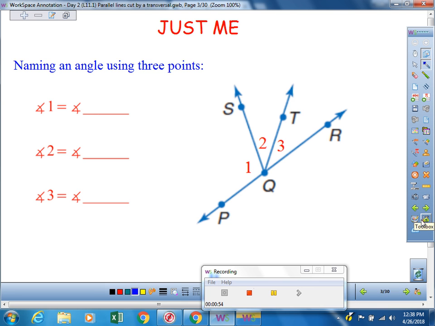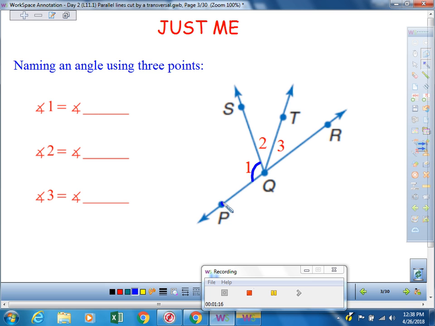Okay, so real quick, I'm going to show you how to name an angle. So if I look at angle 1, here's angle 1 right here. And then if I want to name it, I just take the 3 letters that make up the lines that make up that angle.